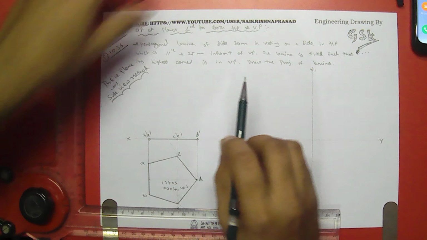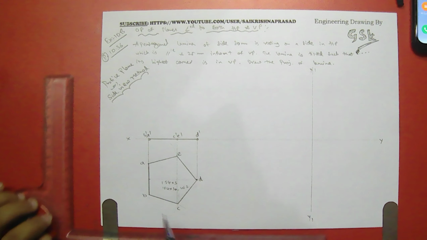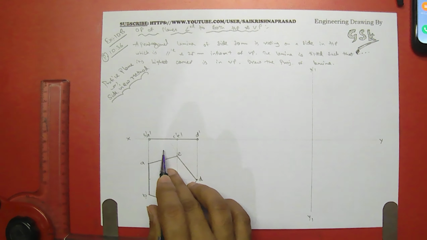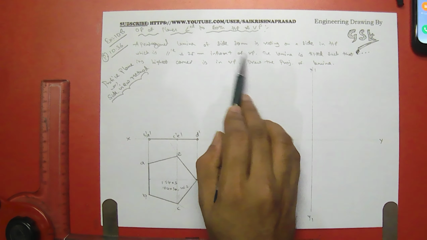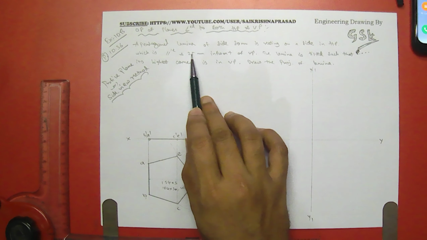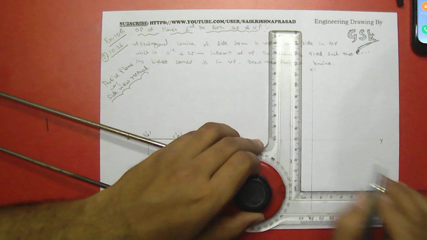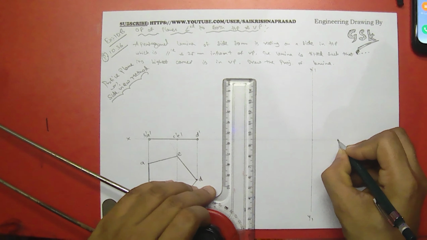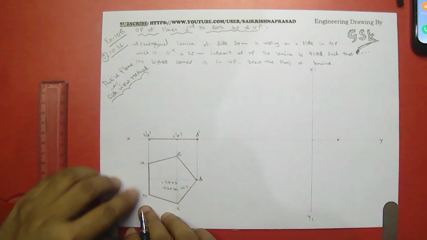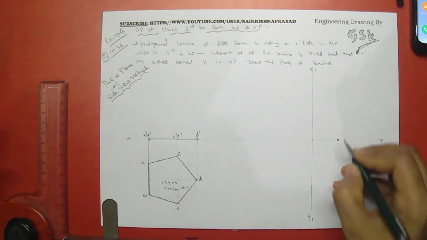Coming to the problem, the edge AB is on HP, and it is in front of VP and parallel, 25 mm in front. So I'll take from here a distance of 25, and draw this A dash and A and B over here.